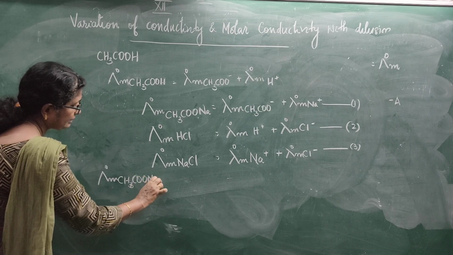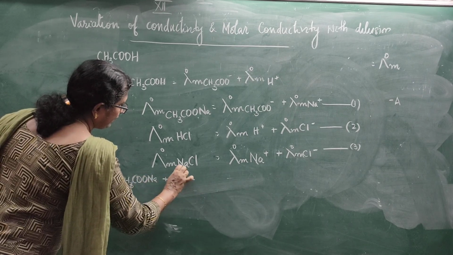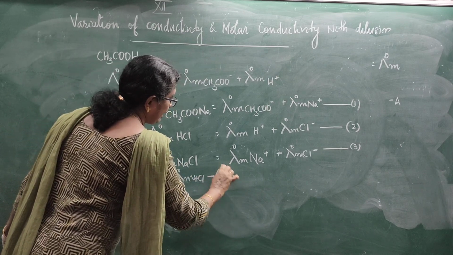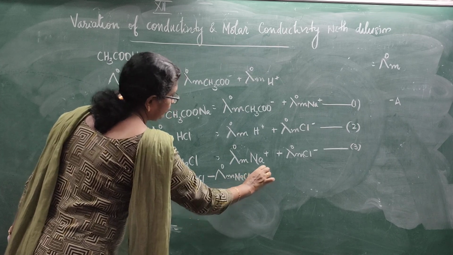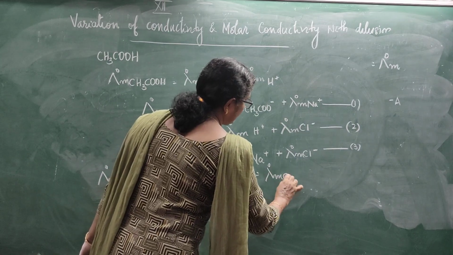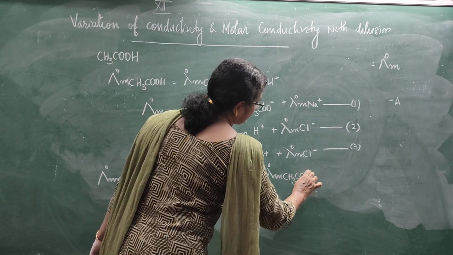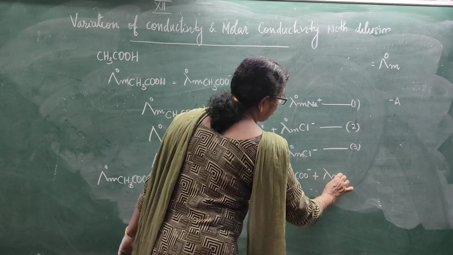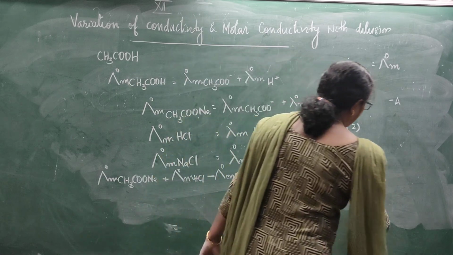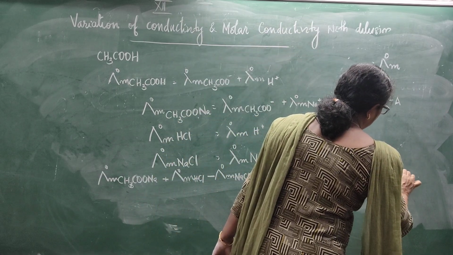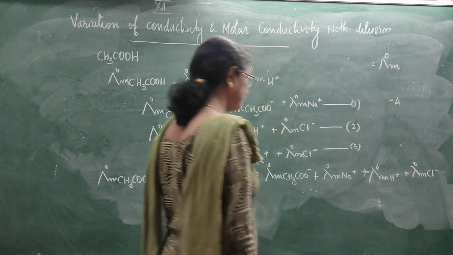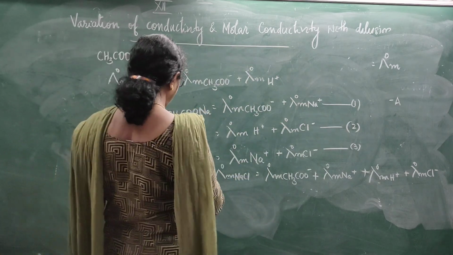COONa plus lambda ion not of HCl minus lambda ion not of NaCl is equal to lambda ion not of CH3COO minus plus lambda ion not of Na plus lambda ion not of H plus lambda ion not of Cl minus, minus lambda ion not of NaCl.